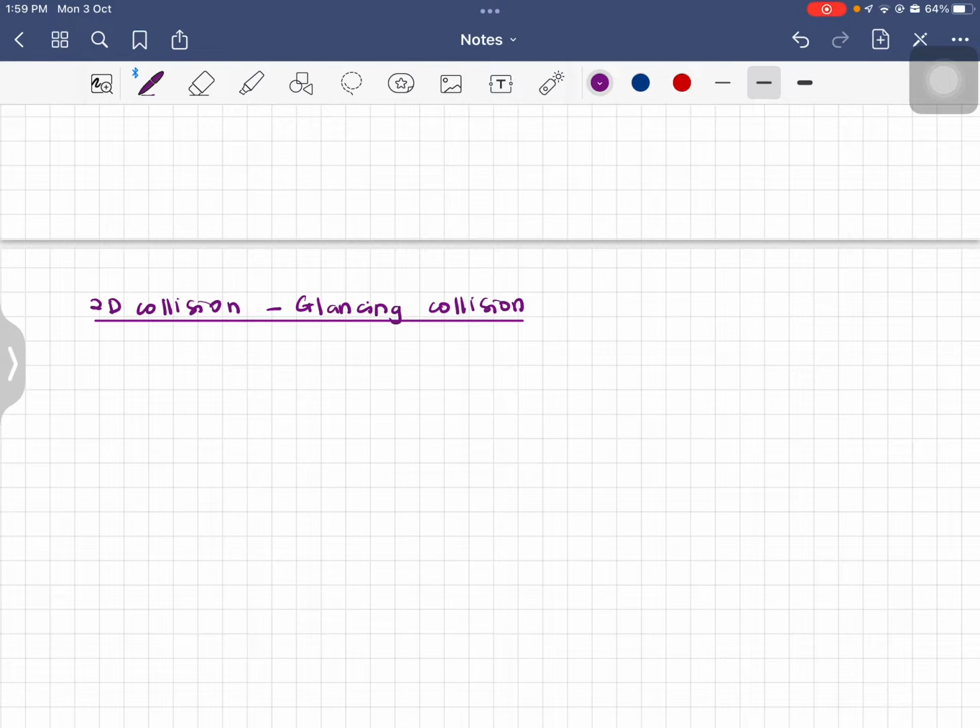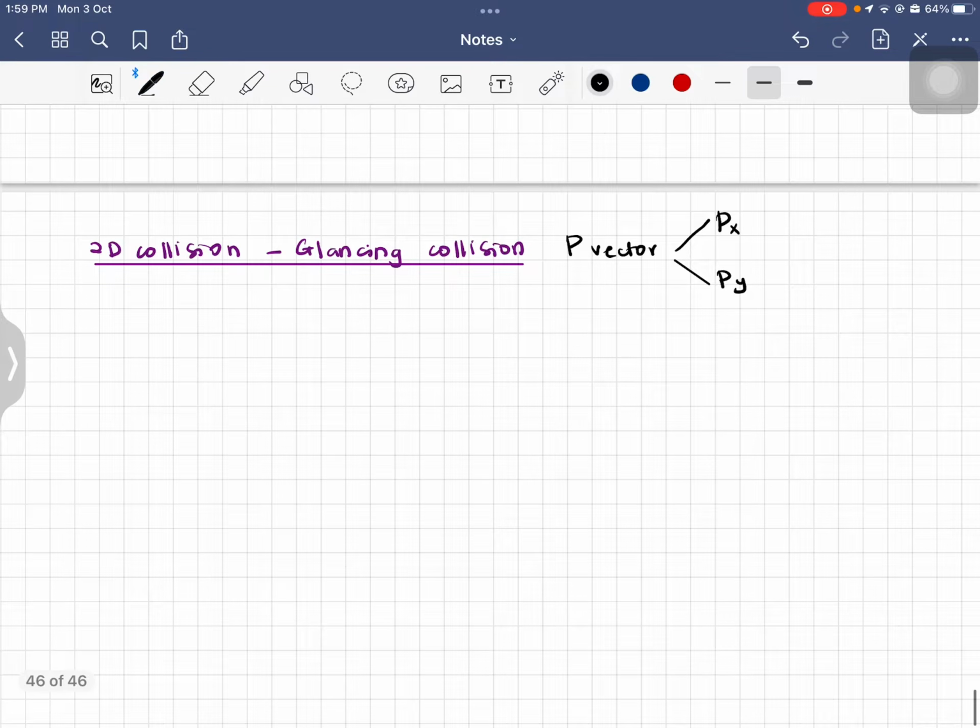Momentum you masih lagi conserve, but now what happened here is your momentum can be resolved to Px and Py. Ingat P adalah vektor kan. Jadi P awak boleh jadi dalam X component dan boleh jadi dalam Y component.